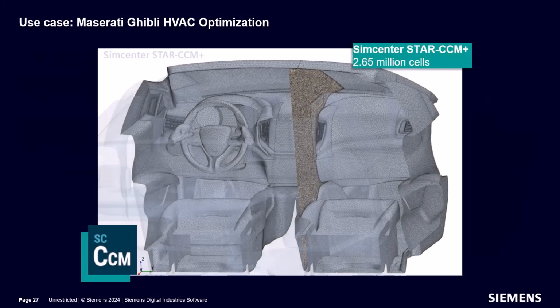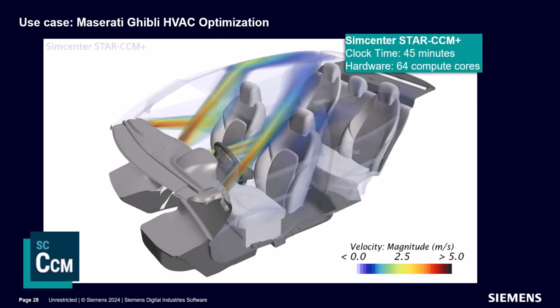Here, we are using SimCenter Star CCM Plus to model the deflector geometry in a parametric fashion as well as the computational fluid dynamics. SimCenter Star CCM Plus 17.02 was used to model the HVAC system for a Maserati Ghibli. With a mesh size of 2.65 million cells, the CFD simulation takes about 45 minutes utilizing 64 compute cores on an HPC.